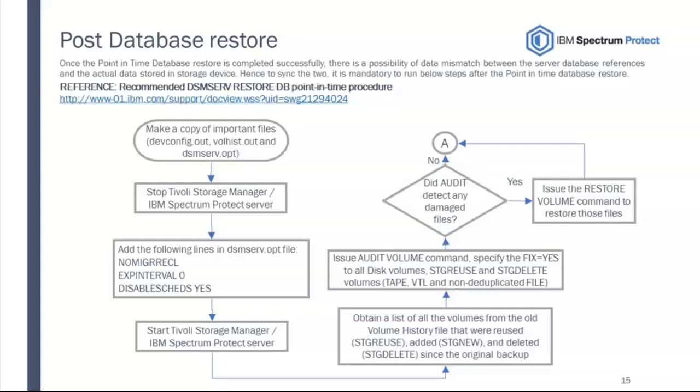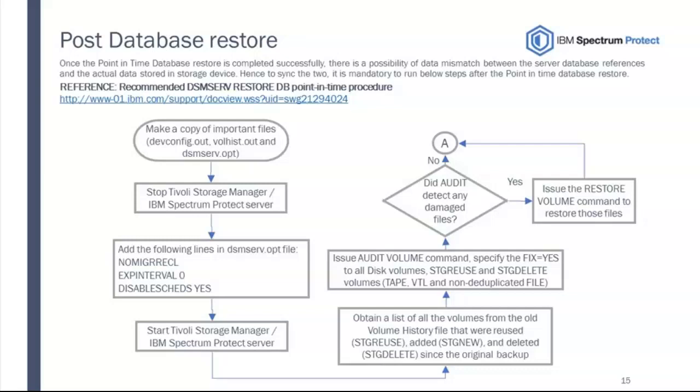Now open your volume history file and identify 3 types of volume whose status shows stg reuse, stg new, or stg delete since the original backup, and run the audit volume command with fix equal to yes against those volumes. If the audit detects any damaged file, then you can restore those files from the copy pool volume by using the restore volume command.